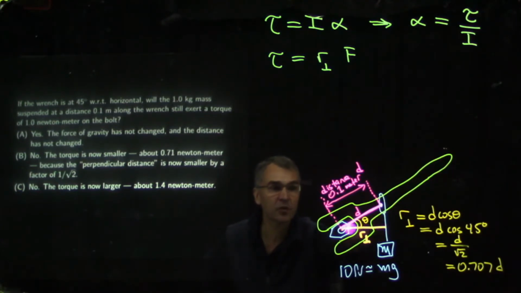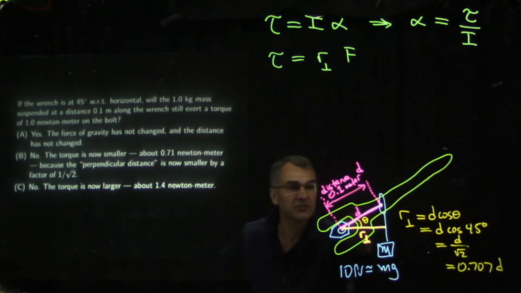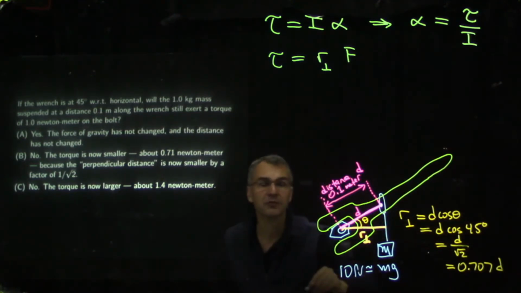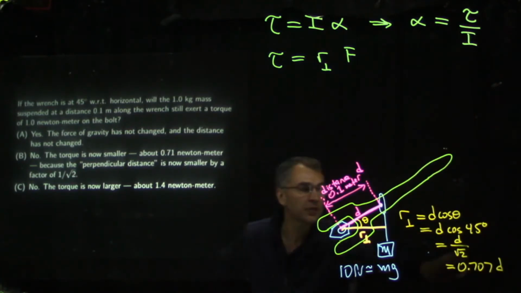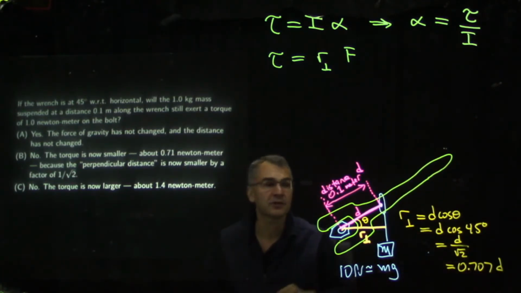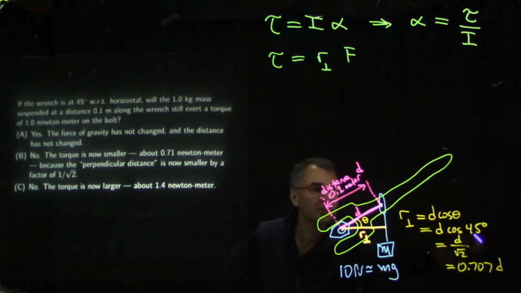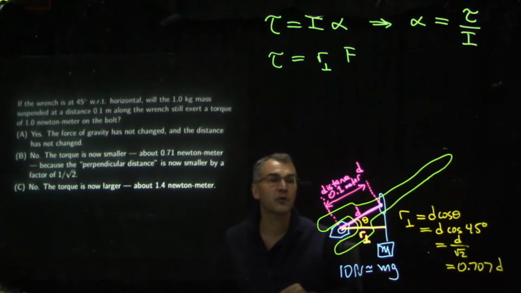So I can pick out the horizontal component of this displacement by drawing a triangle here, and I say, aha, I must want this distance times the cosine of this angle with respect to the horizontal. So that's the distance times the cosine of 45 degrees. The cosine of 45 degrees is 1 over the square root of 2, which is about 0.71. So it seems like our perpendicular is about 0.71 times this 0.1 meter distance.